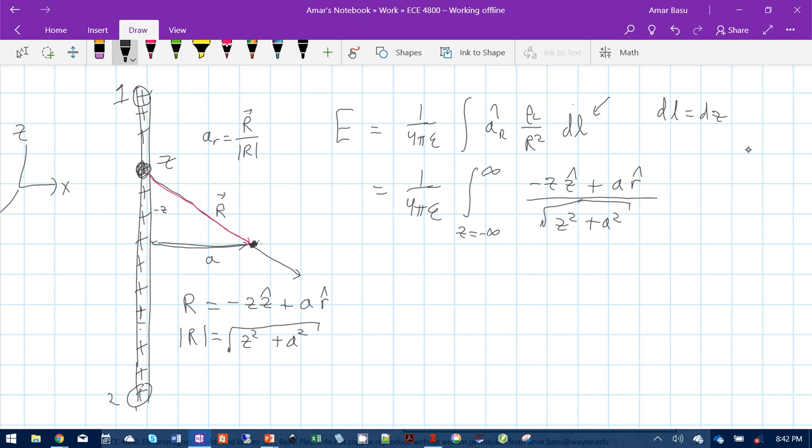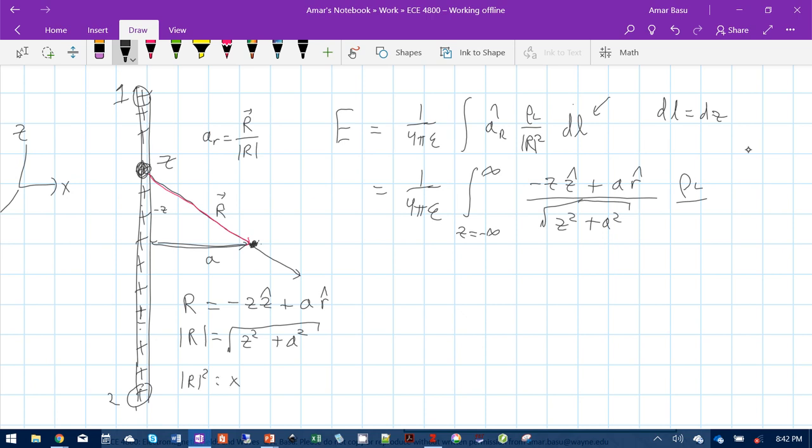And then we also have rho L over the magnitude of R squared. So what is the magnitude of R squared?